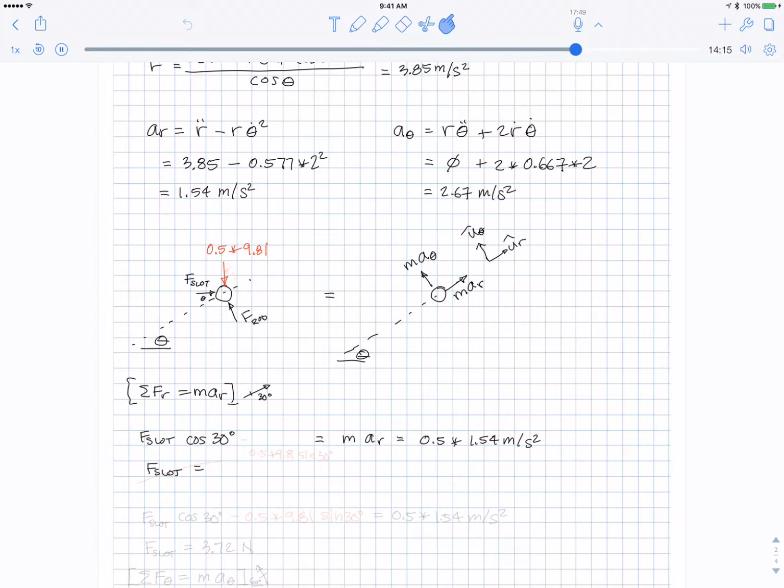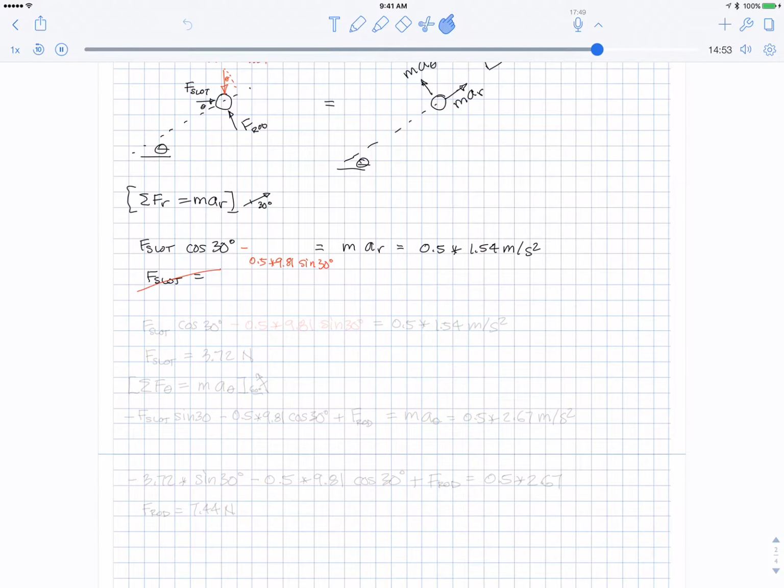So I missed that. If you take the radial component, because it's at 90 degrees, that's theta over there. Let me see if I can figure this out. I'm missing a minus 0.5 times 9.81 sine 30 degrees.